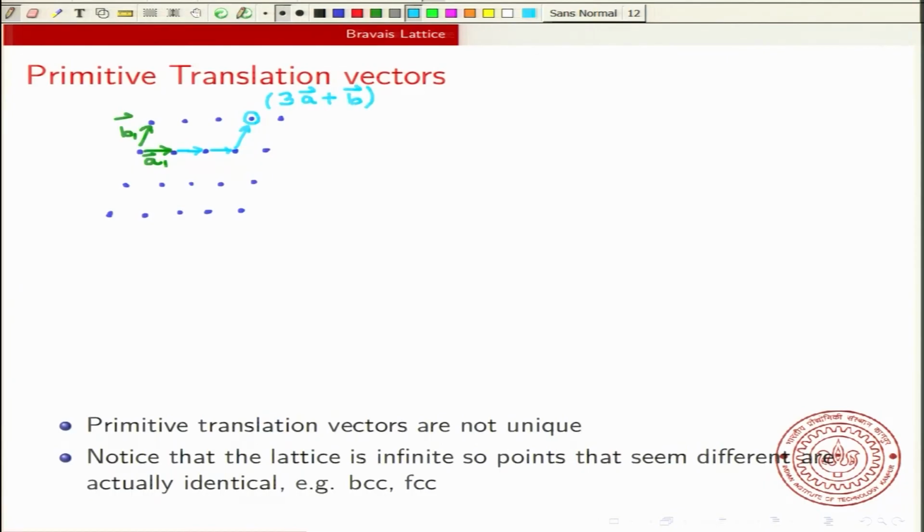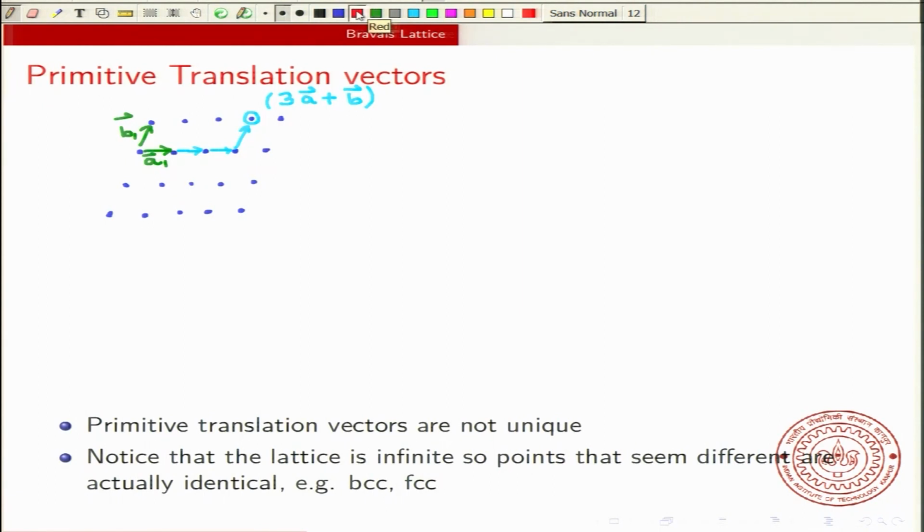So, it is written exactly as an integer linear combination of these primitive translation vectors. Now, I said that this combination is not unique. So, what is meant by that? Let me take exactly the same lattice, but I will take a different choice for the translation vectors.